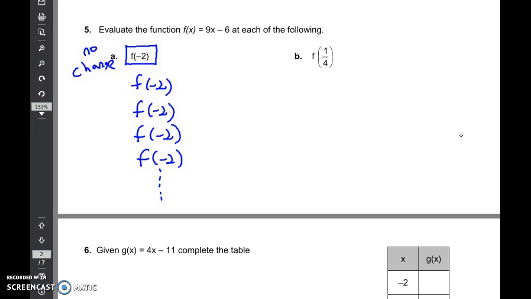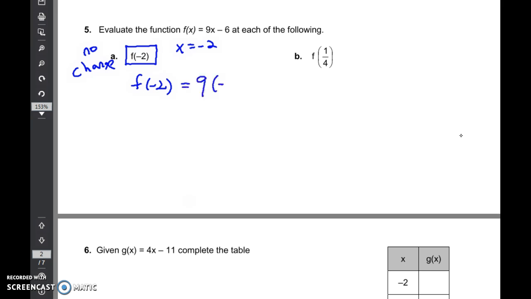You don't need to write that down. That never changes. The job of that 2 is to tell you what x is. This is just saying x equals negative 2. So when I say f of negative 2, I need to replace x with negative 2 and then simplify.